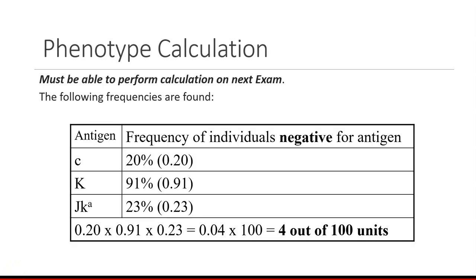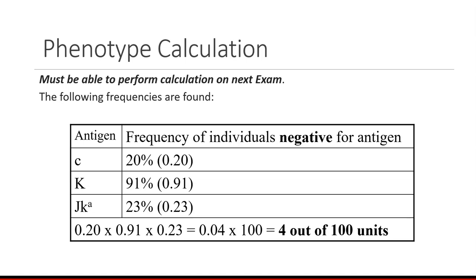The phenotype calculation is most frequently used to determine the number of units you're going to need to screen to find blood that's negative for the antigens your patient has antibodies to. You must be able to perform this calculation on the next exam. You will be given the frequencies of the antigens involved.